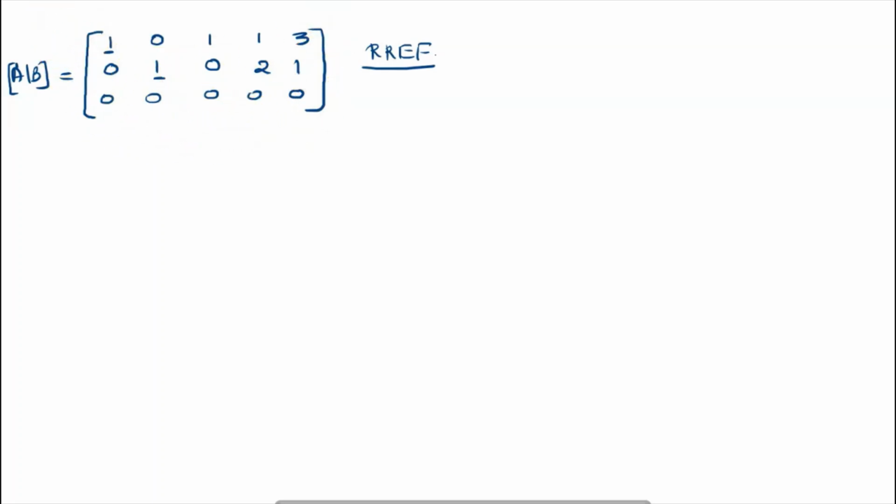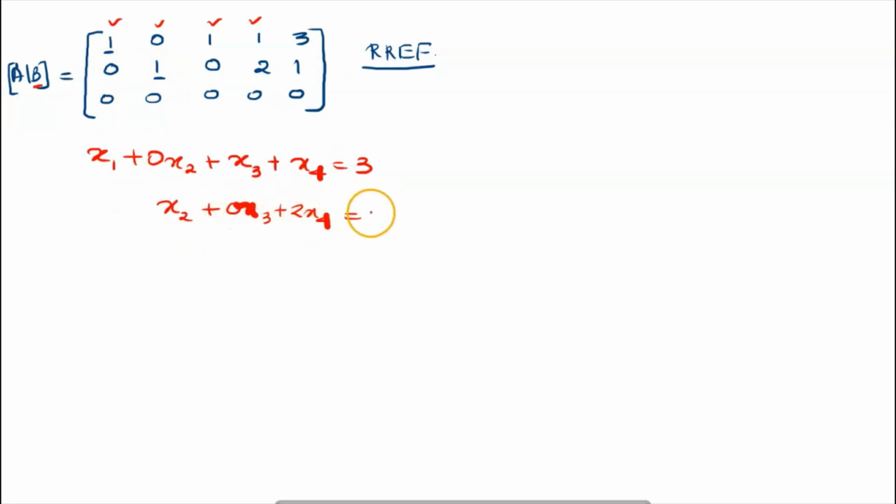So we can solve the system. First of all, we have 4 variables, and this is the equal part of the augmented matrix B. We use x1, x2, x3, x4 to denote the variables. The first row gives x1 plus 0 x2 plus 1 x3 plus 1 x4 equal to 3, and the second row gives 1 x2 plus 0 x3 plus 2 x4 equal to 1.